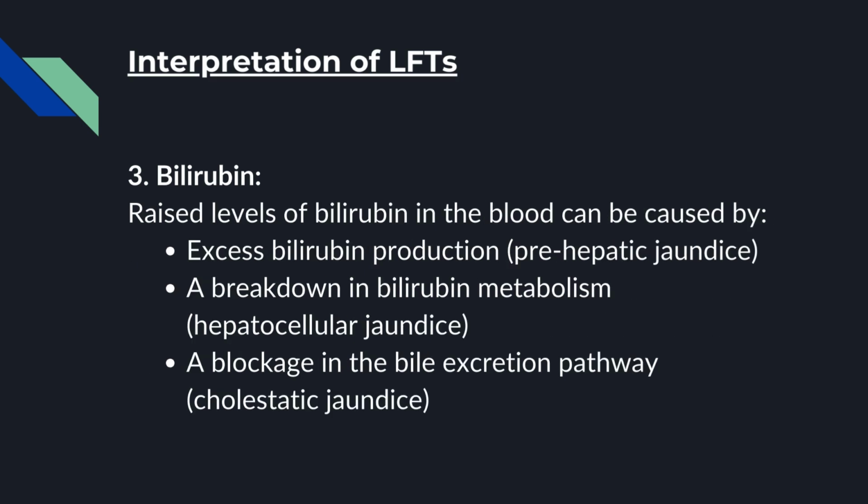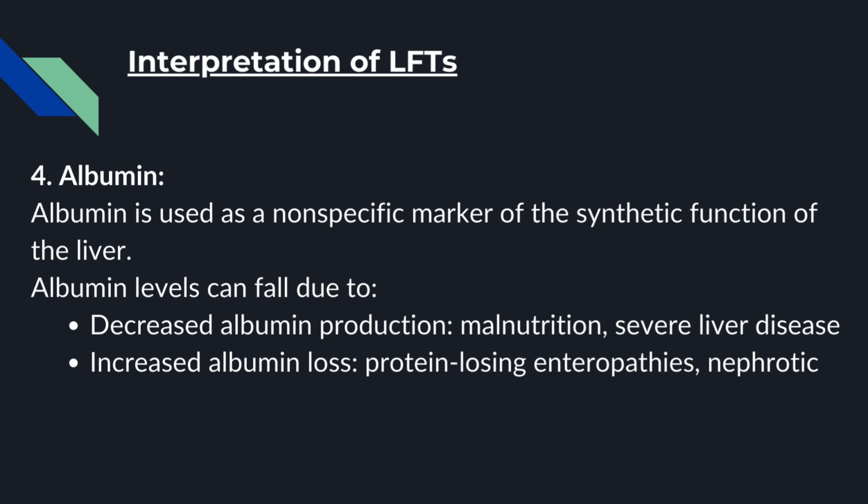Raised levels of bilirubin in the blood can be caused by excess bilirubin production, prehepatic jaundice, a breakdown in bilirubin metabolism, hepatocellular jaundice, a blockage in the bile excretion pathway, cholestatic jaundice. Albumin is used as a non-specific marker of the synthetic function of the liver. Albumin levels can fall due to decreased albumin production, malnutrition, severe liver disease, increased albumin loss, protein-losing enteropathies, nephrotic syndrome.